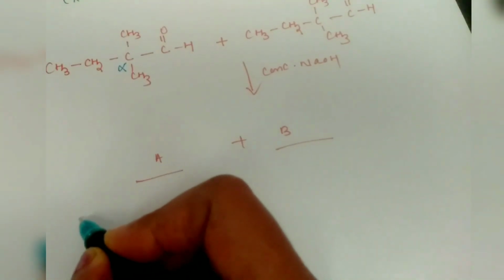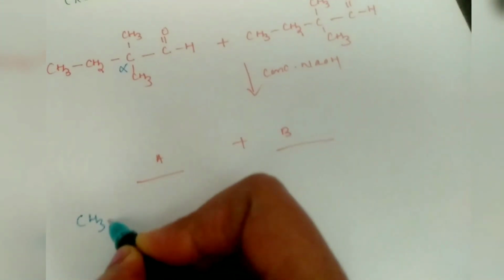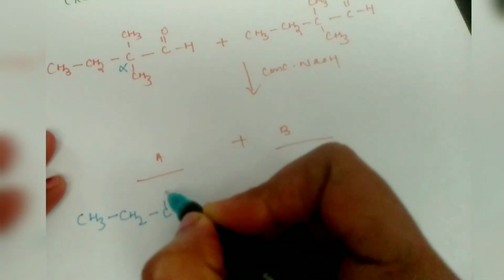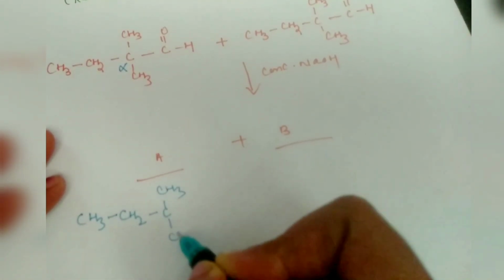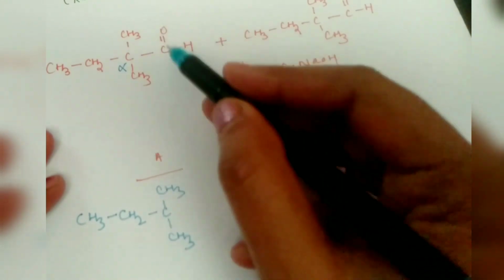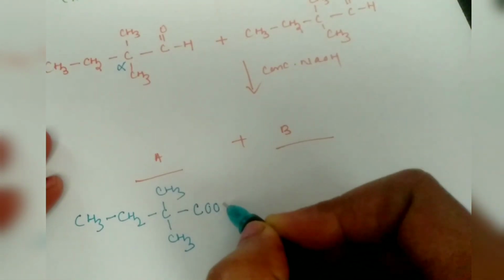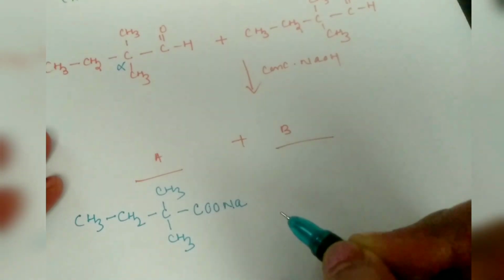See here. The compound will be CH3, CH2, C, CH3, CH3. Now, when it undergoes oxidation, then it becomes COONa. Okay.